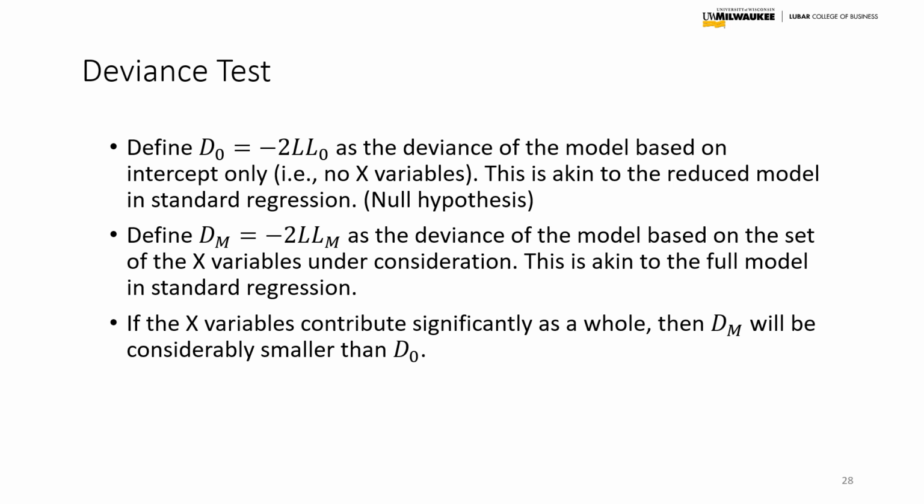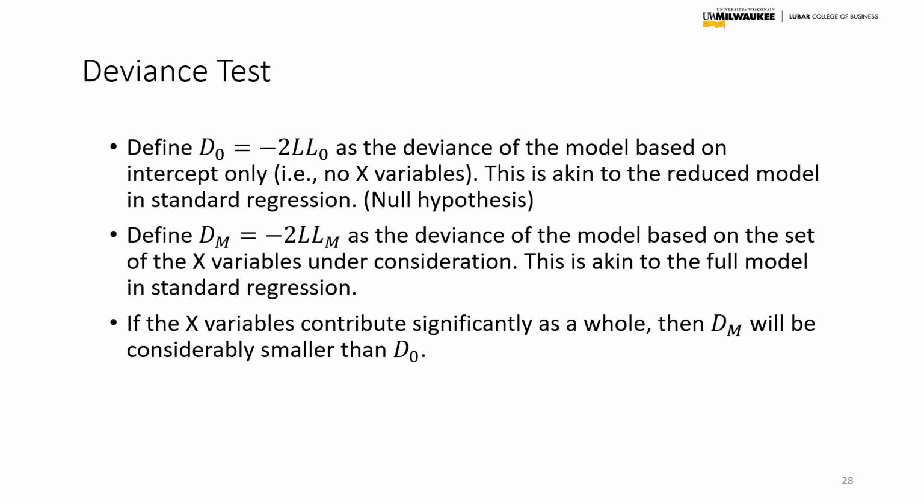Let us define D0 as the deviance of the model based on the intercept only, that is, no x variables in the logistic regression. Here, the null hypothesis would be that the betas for the x variables all equal 0. This is akin to a reduced model in a standard regression. Now define DM as the deviance of the model based on the set of x variables under consideration.